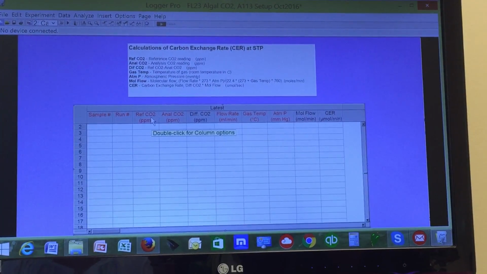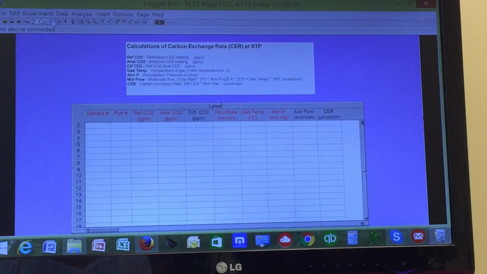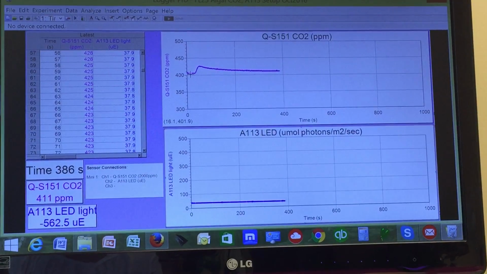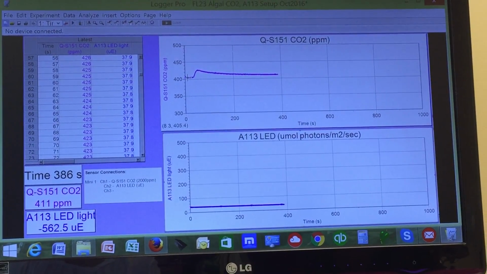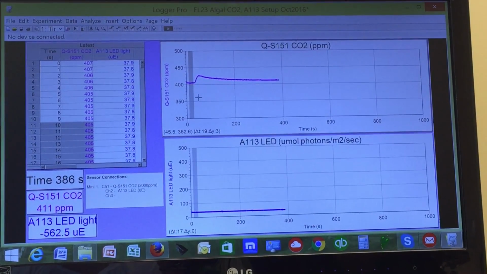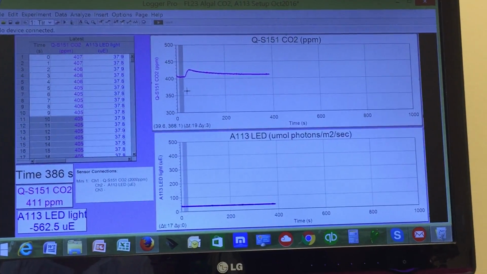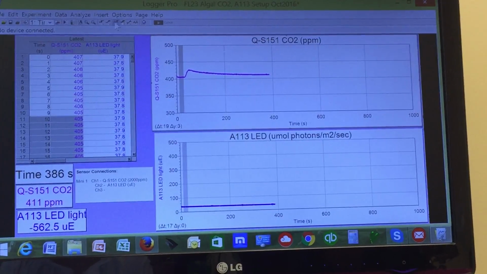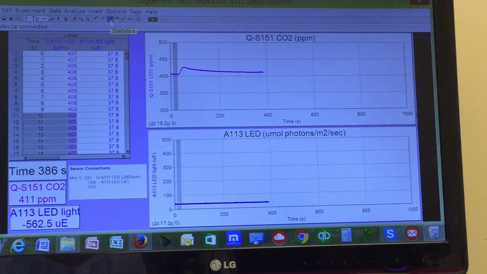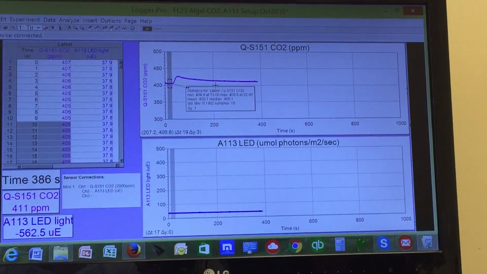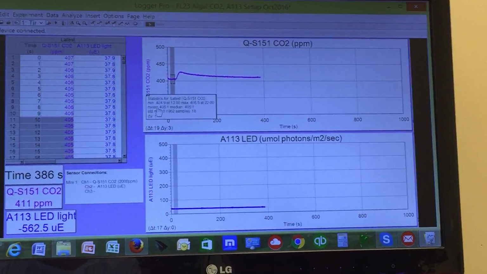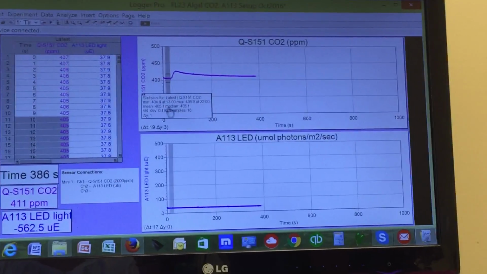So to obtain these levels of CO2, the reference level, we go back to our raw data. If you recall, the reference CO2 levels were measured right at the beginning here. So what we do is we highlight the region when CO2 was being measured directly out of your gas bag, and then we go to statistics, little icon in the top menu, click on that, and this provides us with all the statistics for that region of data, and that's the minimum value, the maximum value, and the mean.